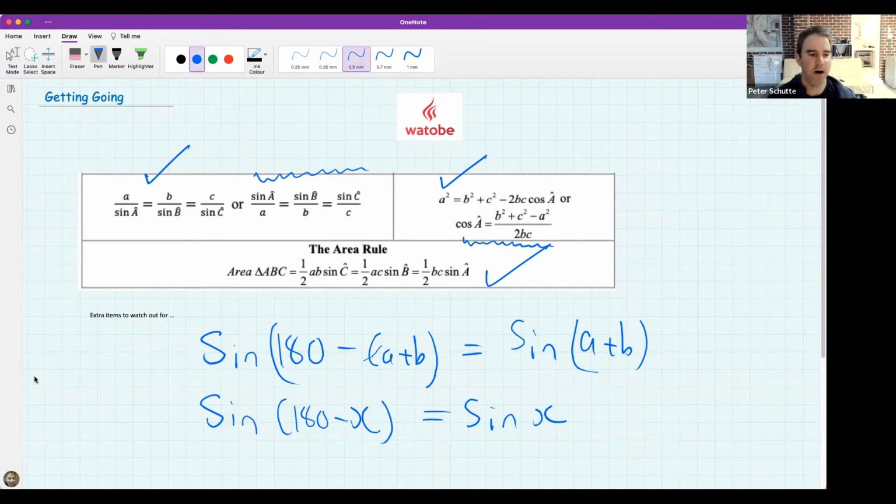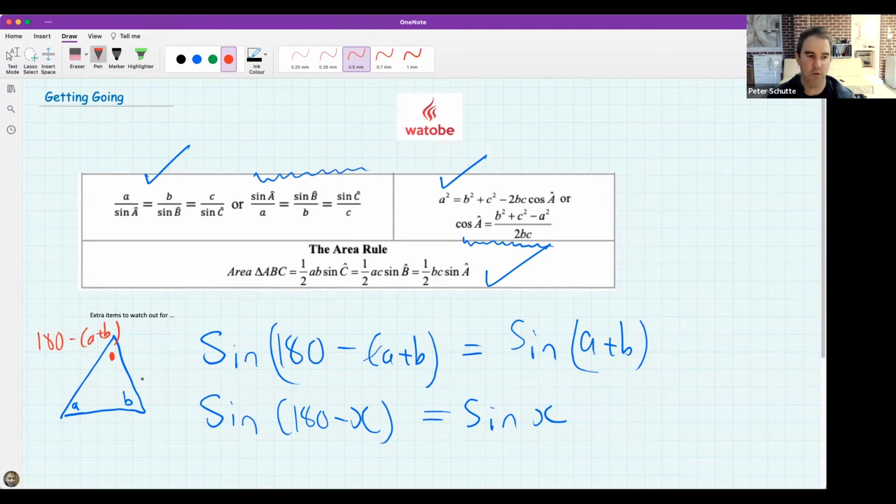It's often combined with the fact that we have a triangle where one side is A, the other side is B, and then the missing angle that's left behind is just going to be 180 minus (A plus B), because all triangles add up to 180. So I just want to point that out at the beginning of the lesson.